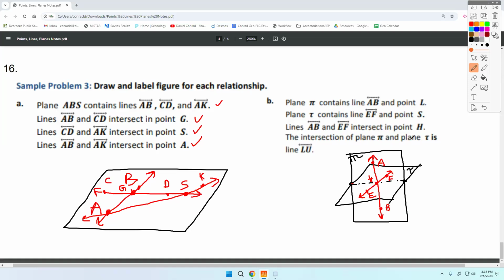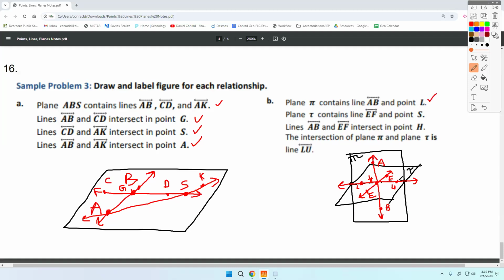The intersection of plane pi and plane tau is LU. So I also need to put in a line here. And I'm going to put in point L. And I'm going to put in point U. So let's see. Plane pi contains the line AB and point L. So L is in both planes. So that one's good.